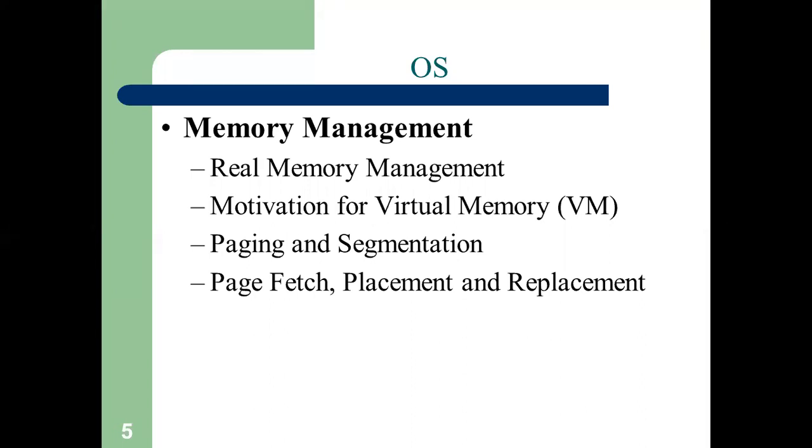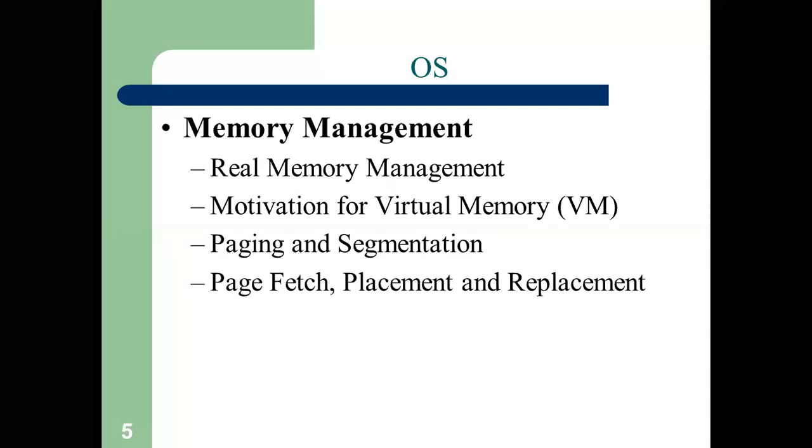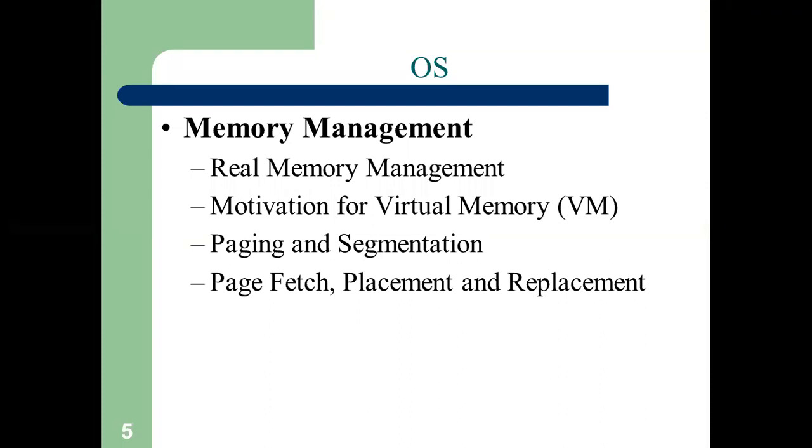So the first one is real memory management. Real memory management means main memory, whatever you have in your system, suppose you have 4 GB or 8 GB. At one place the operating system will reside, and after that, here you can see how we will use the virtual memory.